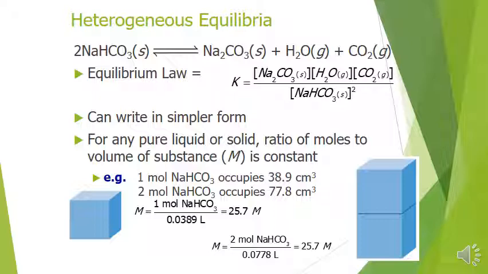Here's your product over your reactant. You can write it in a simpler form, and part of it is that the solids are really going to turn out to be a constant.